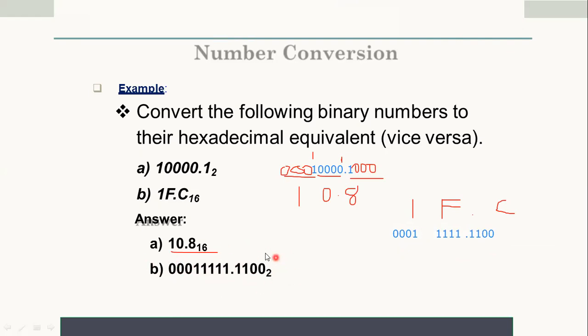In this way, we get the resultant binary equivalent for the given hexadecimal numbers. Okay, ma. So in this way, we are converting binary to hexadecimal and hexadecimal to binary. Suppose in any conversion we are asked how to convert octal to hexadecimal.